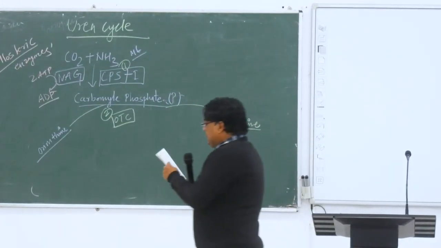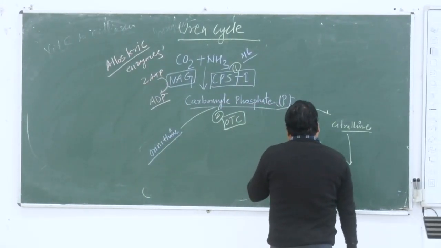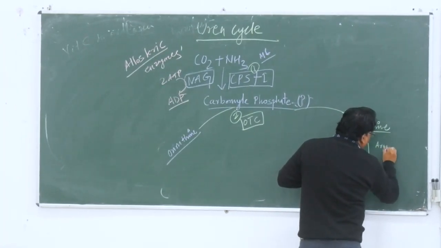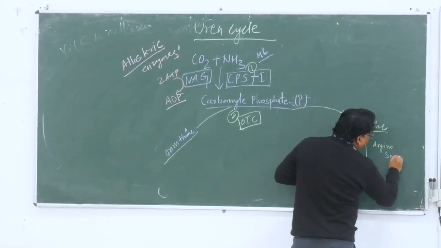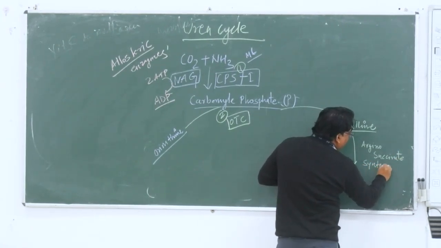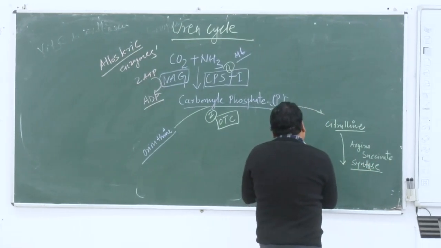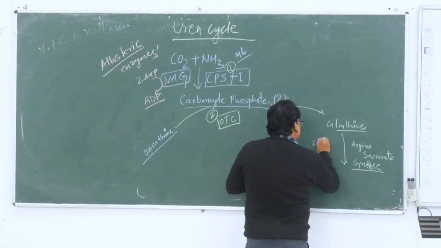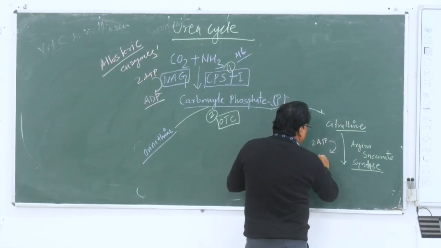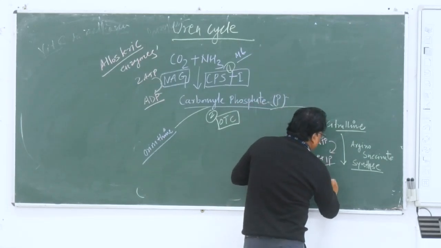Okay. So now in this step there is citrulline. Now after the formation of citrulline there is the enzyme arginosuccinate synthase, which requires 2 ATP using a single ATP and inorganic phosphate, forming arginosuccinate.